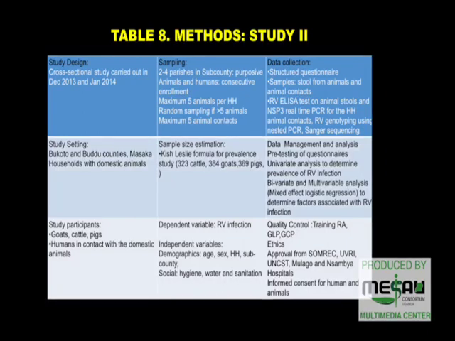To determine the sample size of what we're going to study, we used the Kish-Leslie formula for prevalence studies. Our outcome variable was rotavirus infection, and we had demographic and socio-demographic variables which we studied.